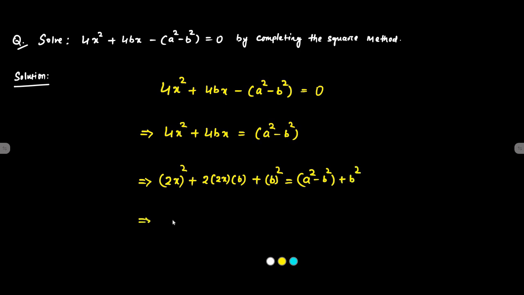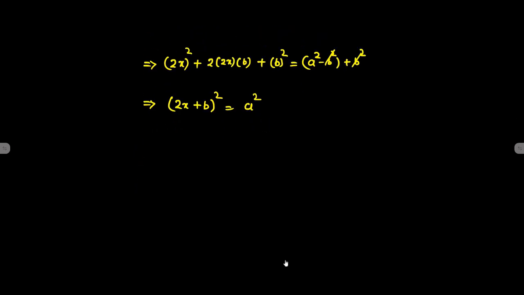So the left hand side is 2x plus b whole square is equal to a square minus b square plus b square, which is equal to a square only. Minus b square plus b square gets cancelled. So 2x plus b whole square is equal to a square. That implies 2x plus b is equal to root of a square, which is equal to plus minus a.